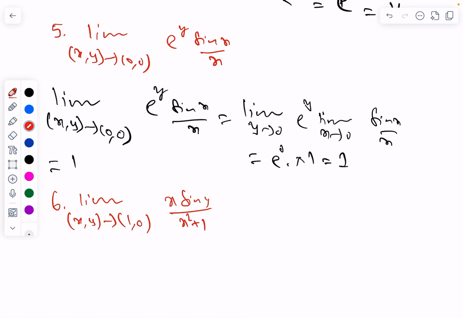I'm sure you can do this yourself. You keep x to be 1 and y to be 0. So the answer is 0.